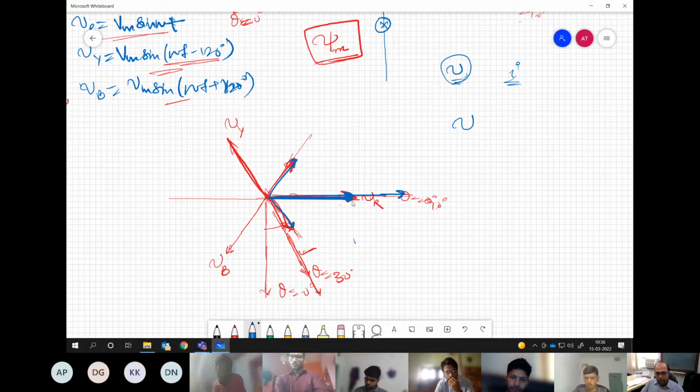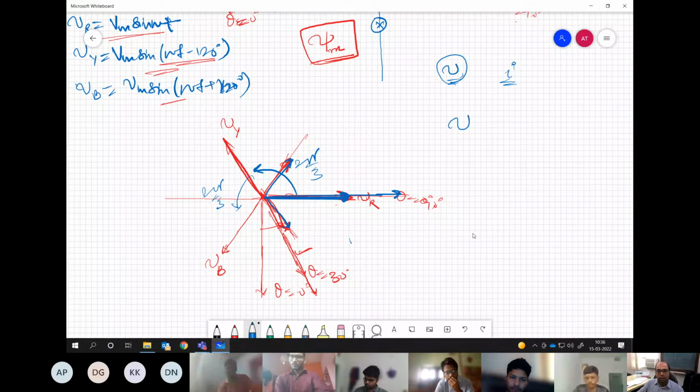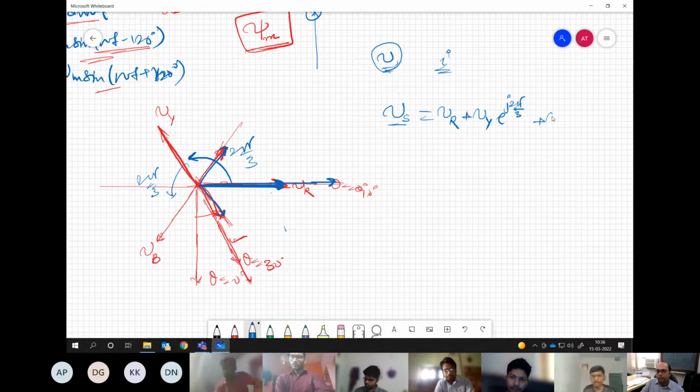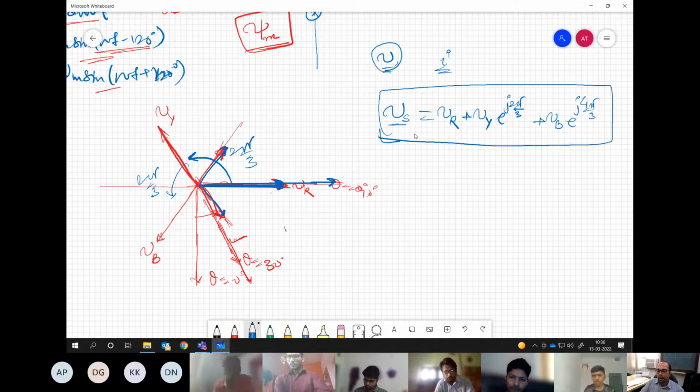So if you combine these three quantities, these are separated by angle 2 pi by 3, you can represent the effective voltage vector as this.